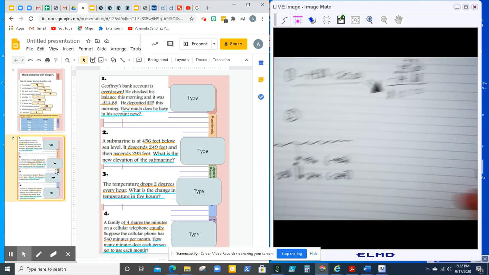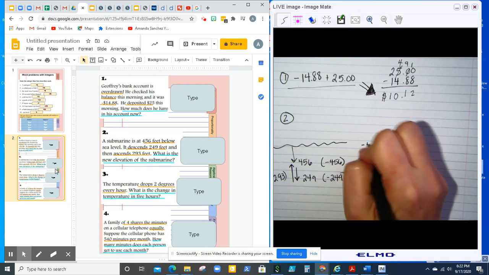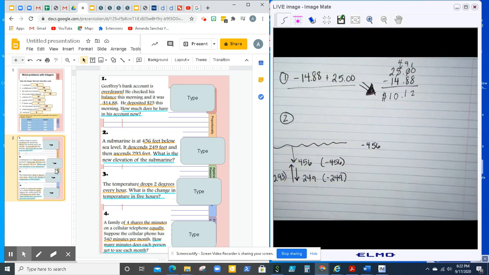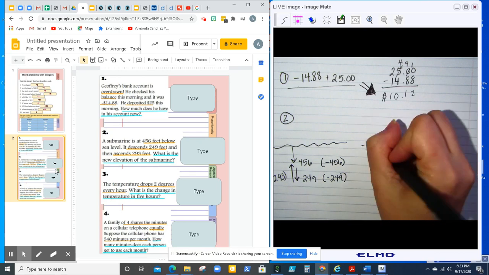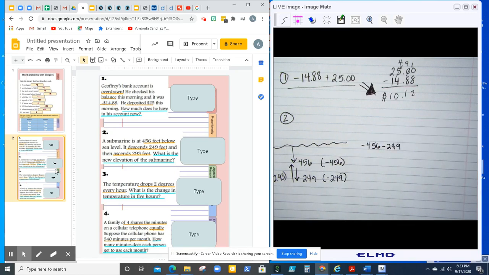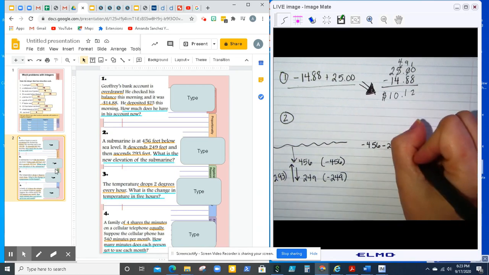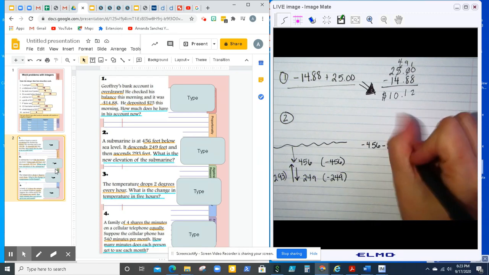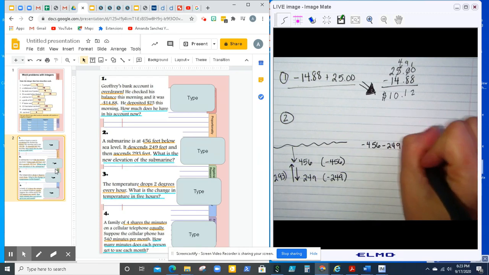Now I'm going to write my number sentence. So starting off with negative 456. And then I'm going to put either minus 249, or you could put plus a negative 249. And then I'm going to put plus 293.